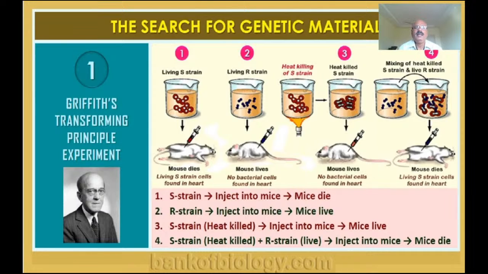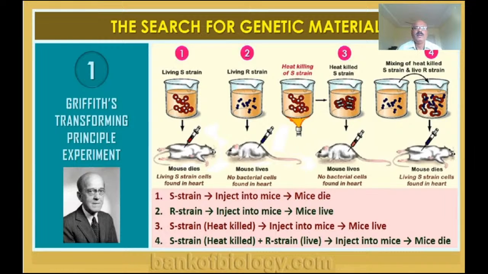In another experiment, the R strain, the avirulent strain, was injected into mice, and they stayed alive, because the R strain does not cause pneumonia. In another experiment, heat-killed S strain was injected into mice, and the mice lived, because the S strain bacteria were killed by heat, so they do not cause pneumonia.